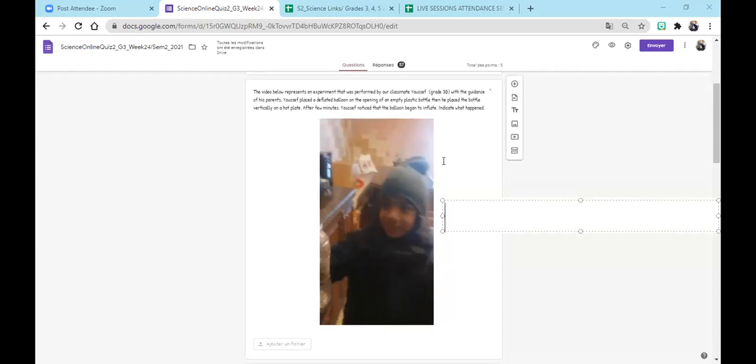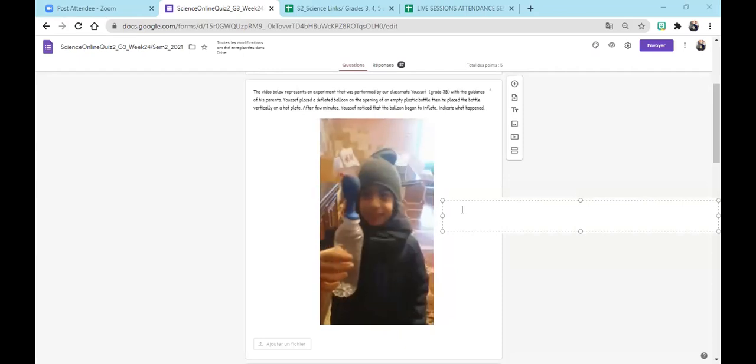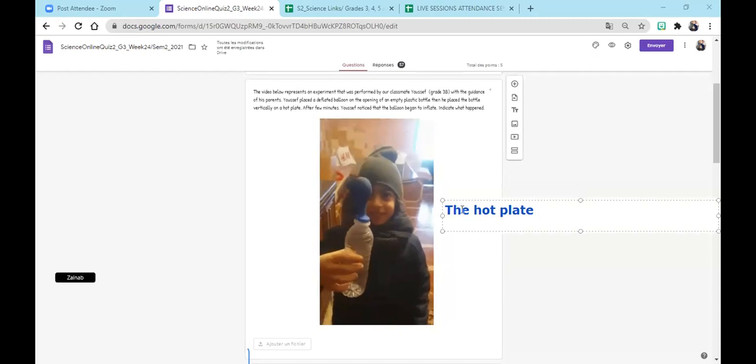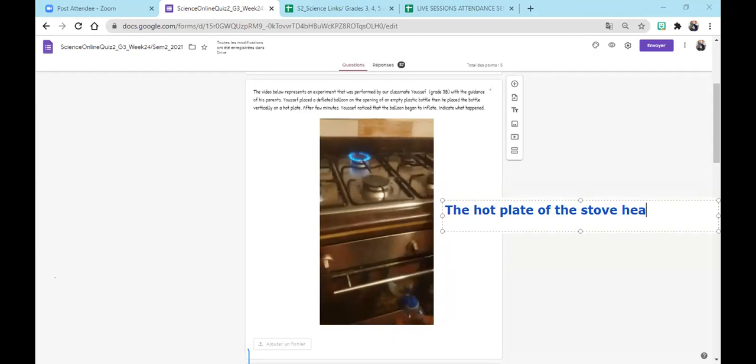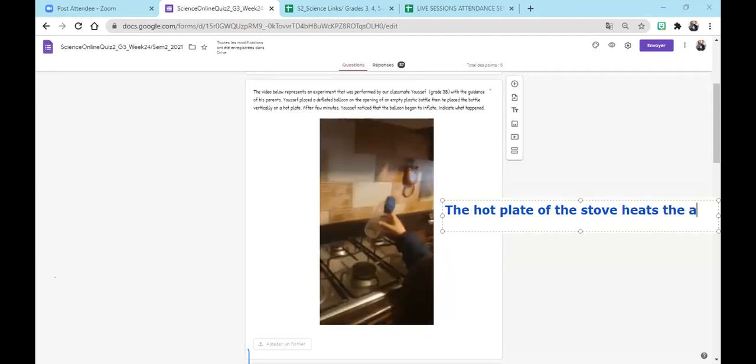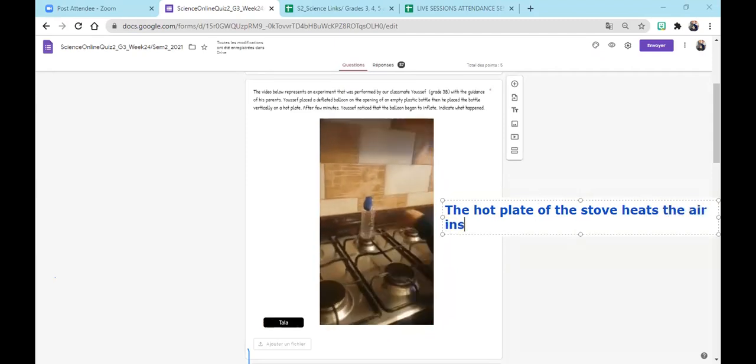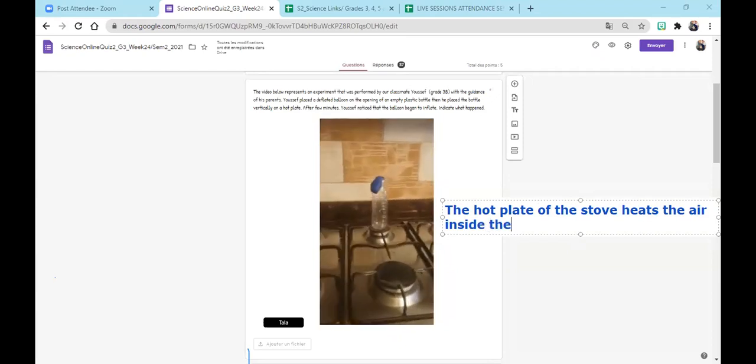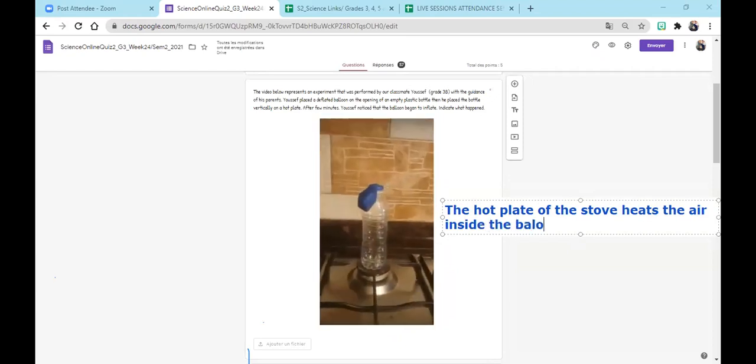The hot plate of the stove heats the air inside the balloon. Don't write on the screen, please.